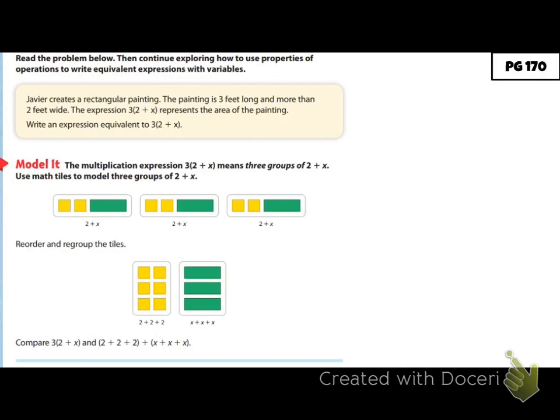So you can see that here's 1 group, 2 groups, and 3 groups, and each one has 2 plus x in it. So then we can regroup the tiles so that we have all the 2's together and all the x's together. So now we can compare the 3 times (2 plus x), and you see that we have 2 plus 2 plus 2 and x plus x plus x.